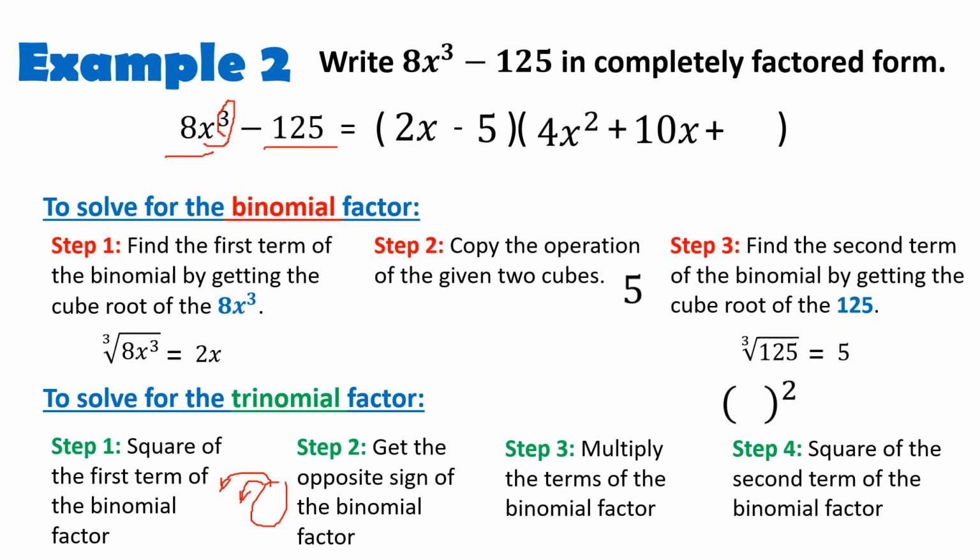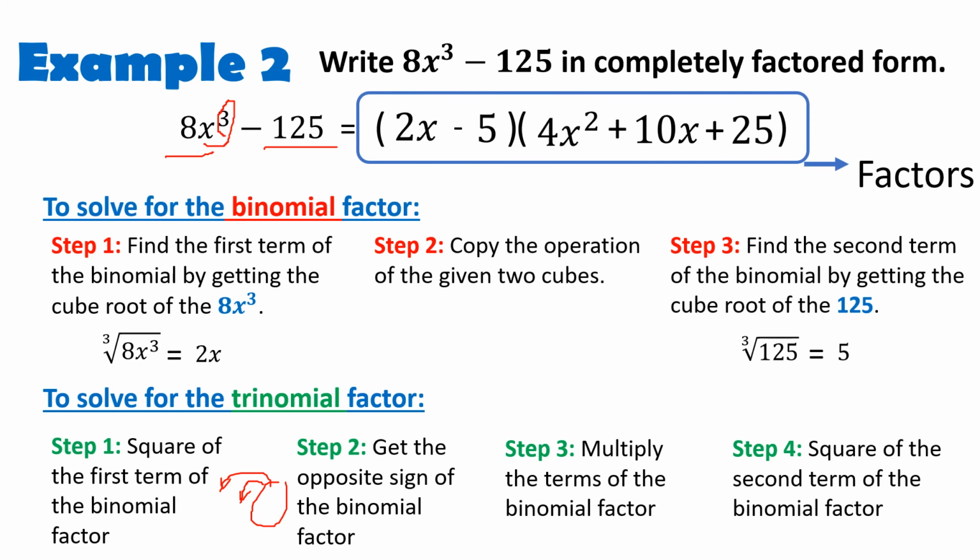So what is the square of 5? The square of 5 is equal to 5 times 5, which is 25. Then the factors of 8x cubed minus 125 are 2x minus 5 and 4x squared plus 10x plus 25.